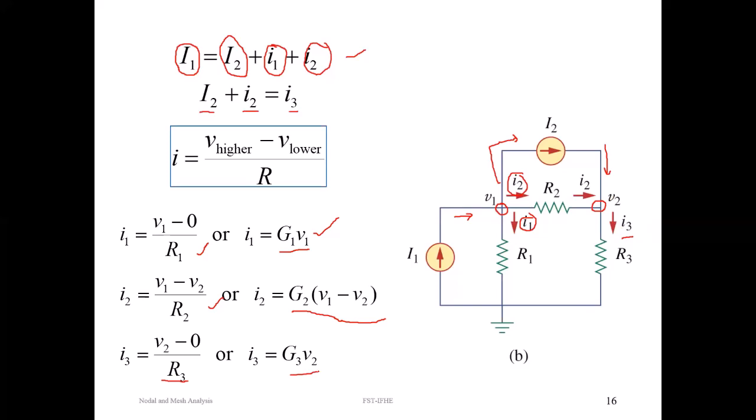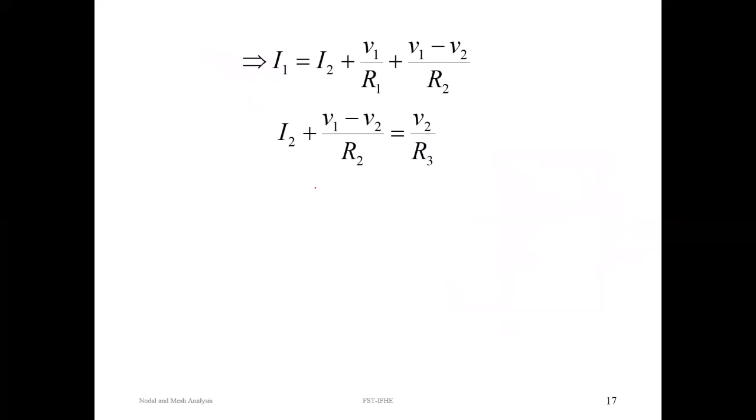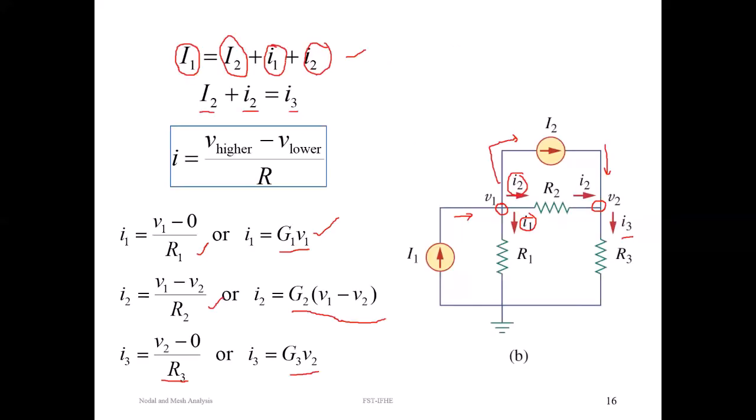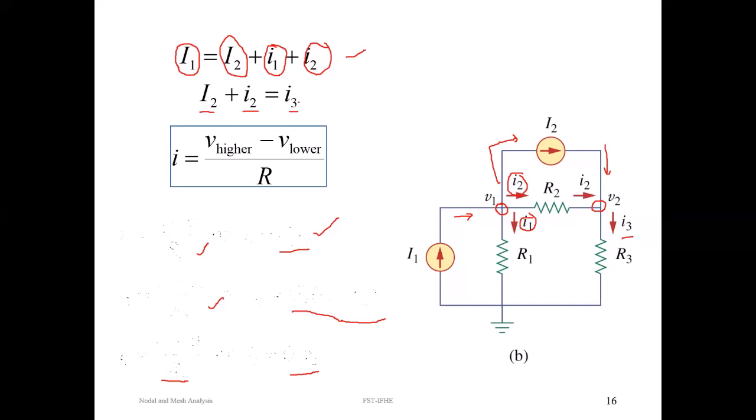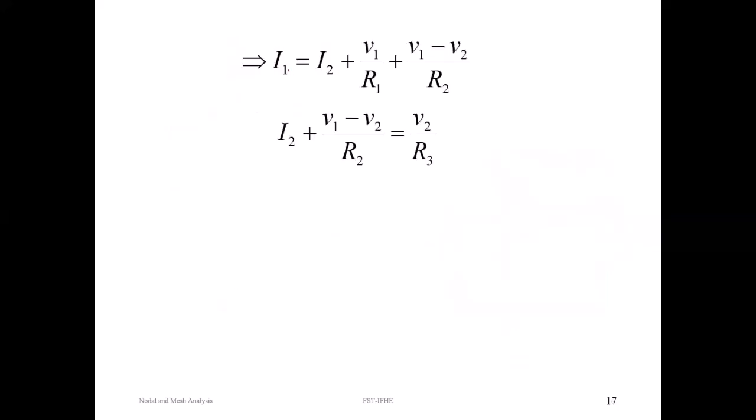We have identified the currents and represented them in terms of node voltages. If you substitute the values of i1, i2, i3 in the above equations, we get capital I1 equal to capital I2 plus V1 by R1 plus V1 minus V2 by R2. In the same way, capital I2 plus V1 minus V2 by R2 is equal to V2 by R3.